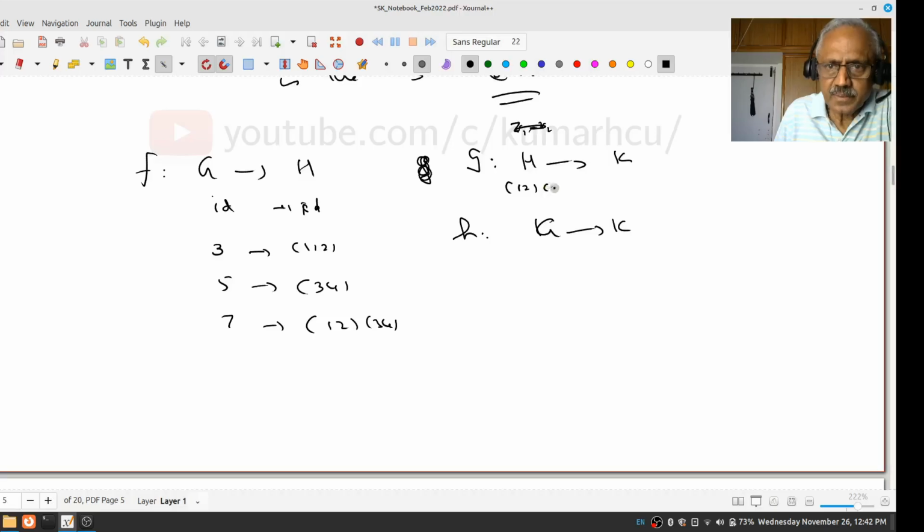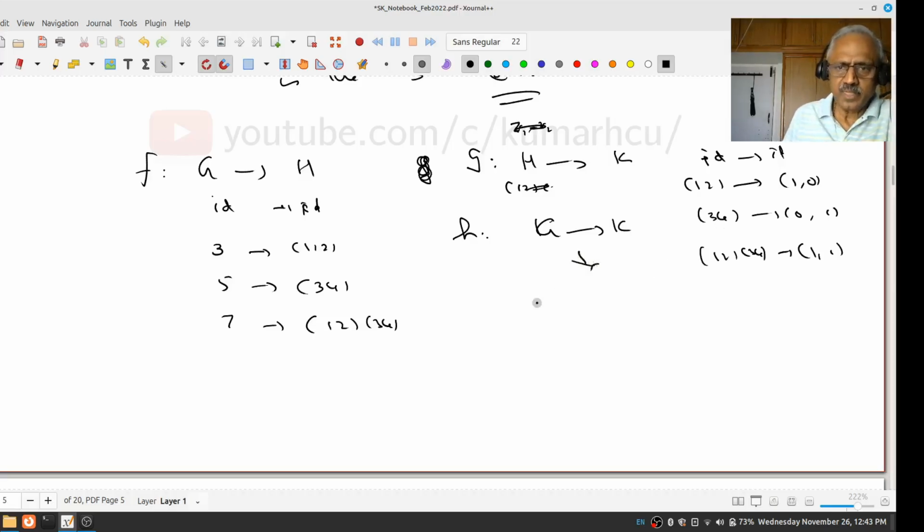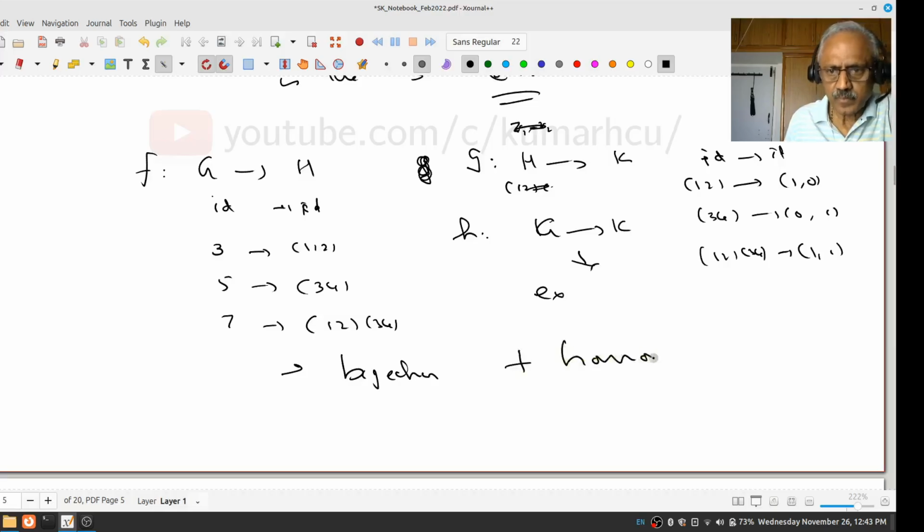Therefore, I can send identity to identity, and (1 2) may go to K, which is (1, 0), and (3 4) may go to (0, 1), and (1 2 3 4) may go to (1, 1), and so on. I leave this as an exercise. You can see these are all bijections and homomorphisms, and hence they are isomorphisms.